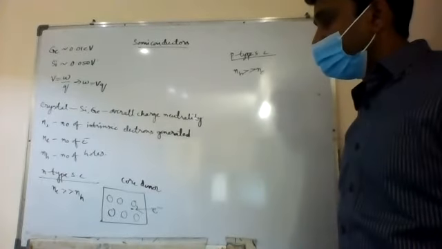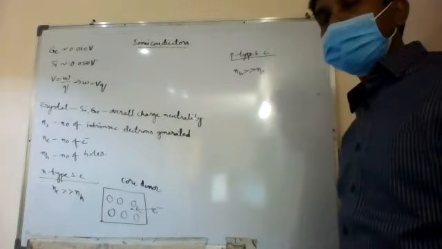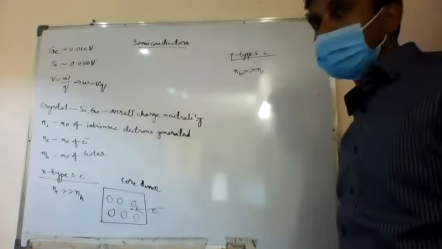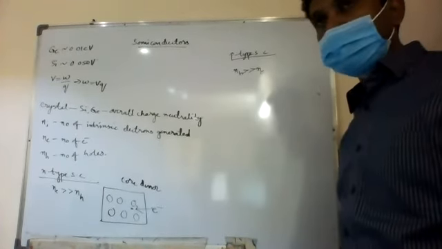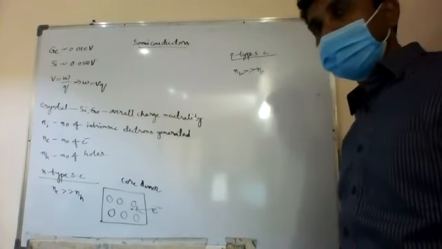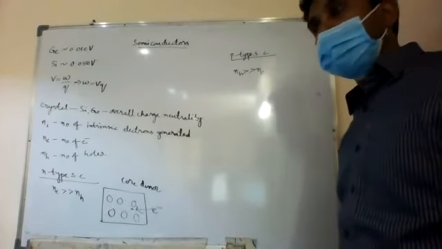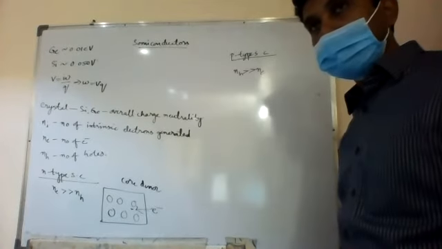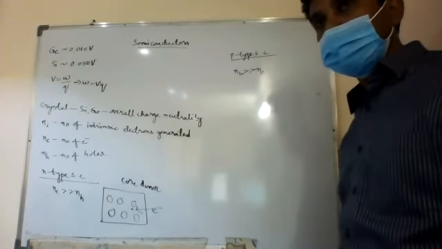Excess electrons are coming in. There is charge neutrality in the crystal: the number of electrons and the number of ion protons, or holes, are equal. But now an excess electron is coming in because of the doping process.